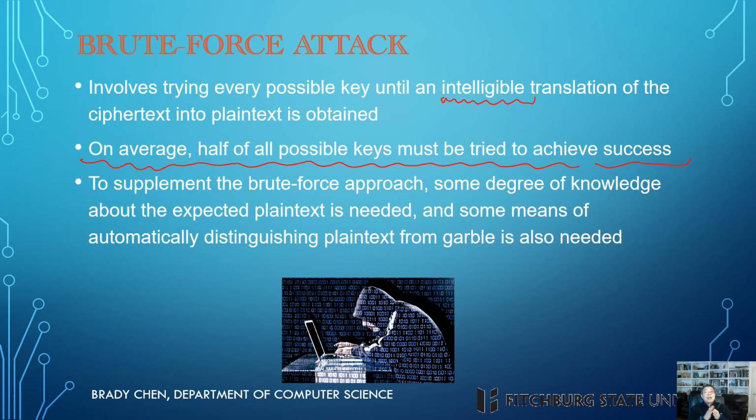Once you have a plaintext in English, you use, for example, Caesar cipher or monoalphabetic ciphers, so you can encrypt it into a different ciphertext. Then you try all the possible keys, and one of the keys is going to generate the message, which is the plaintext, in English.